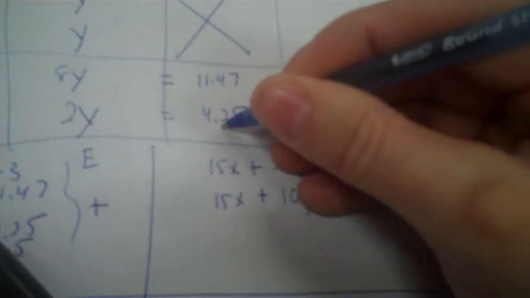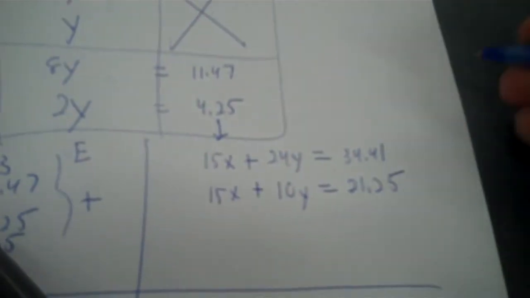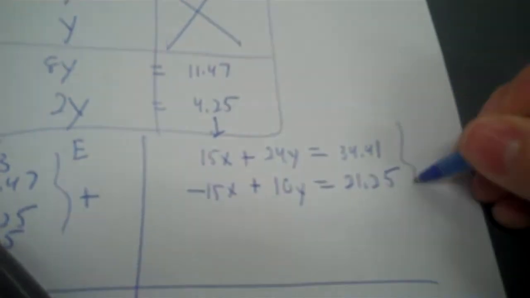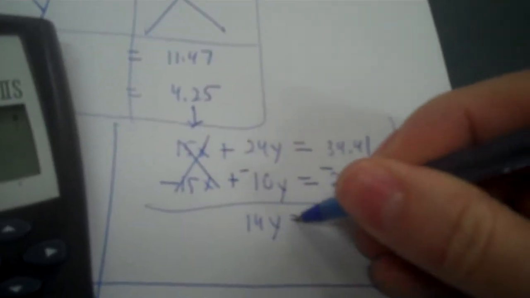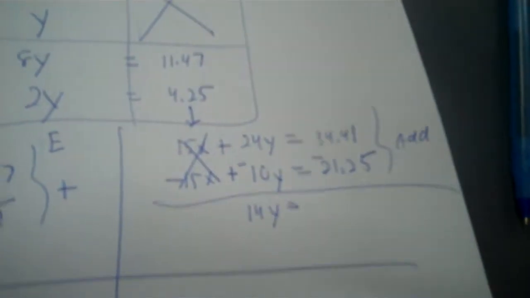Okay, now you got the same number here, which you can get it to 0 if you make that negative. Now they'll add to 0. So negative, negative. So add those at 0. So 24 plus negative 10 is 14. So 14y. You got to remember the negatives there. 34.41 plus negative 21.25 is 13.16.